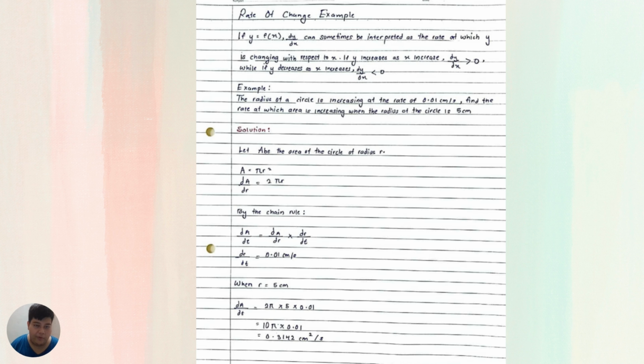When r equals 5 cm, dA/dt equals 2 pi times 5 times 0.01. After that, we get 0.1 pi. And finally, we can get the answer, which is 0.3142 cm squared per second.